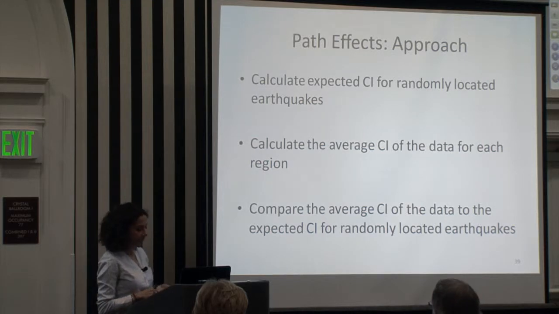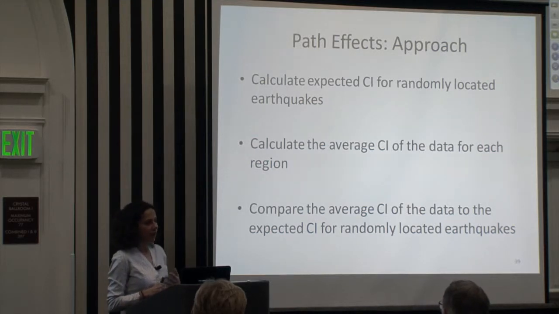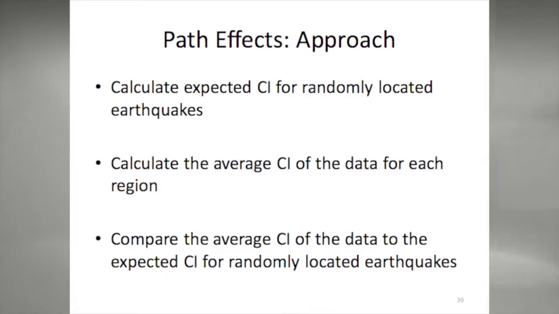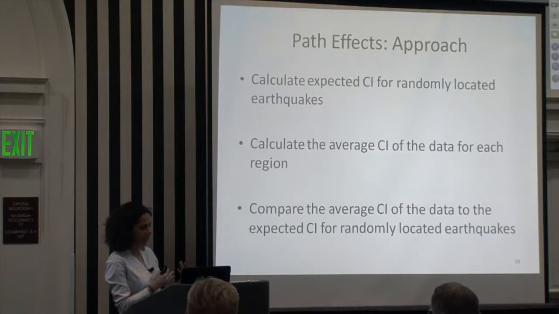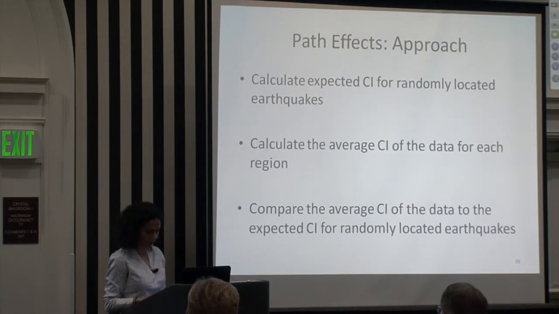So what I did is I tried to see what would be the expected closeness index for randomly located earthquakes around the station, and I compared the average closeness index that comes from the data to that random one to see how random the paths are or how similar they are.